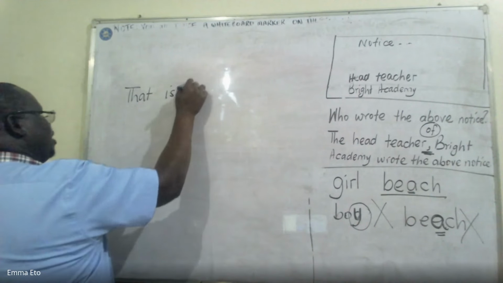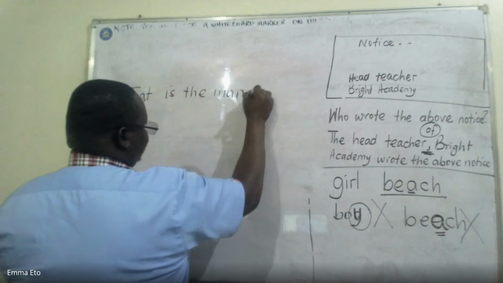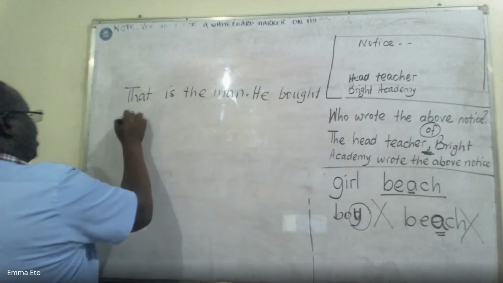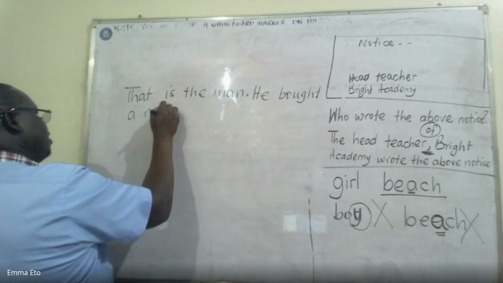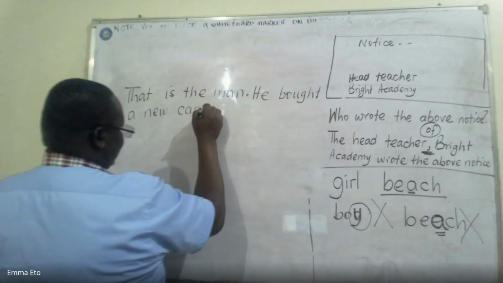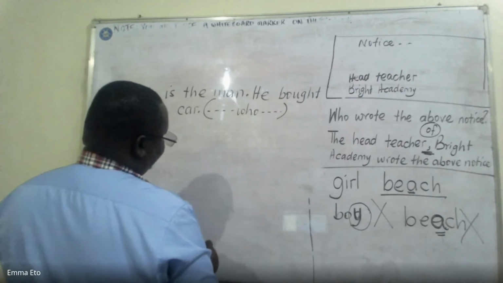That is the man. He bought what? A new car. He bought a new car. Using who? He writes using who? Yes.